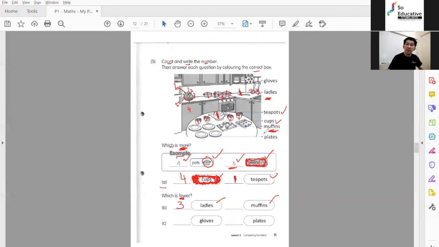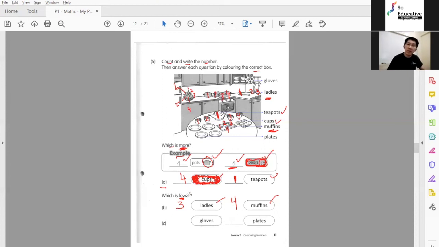What about muffins? Let's count how many muffins are there on the table, on that muffin tray. You can see here are the muffins. There's one muffin there, two muffins, three muffins, and finally 4 muffins. So there are 4 muffins. So the question is asking us which is fewer.